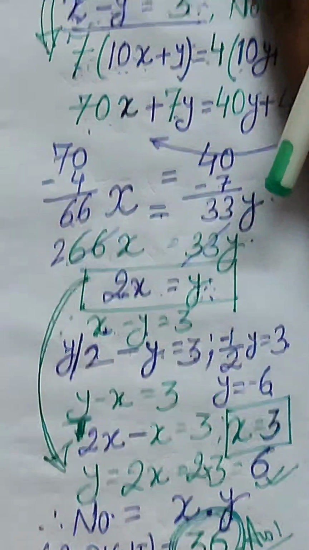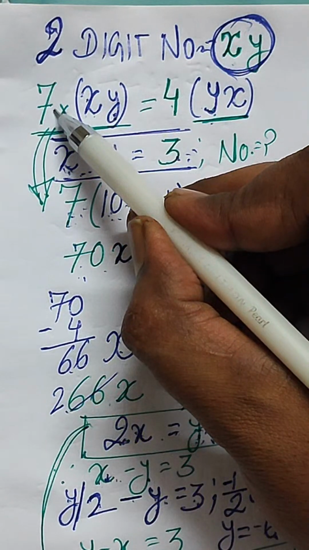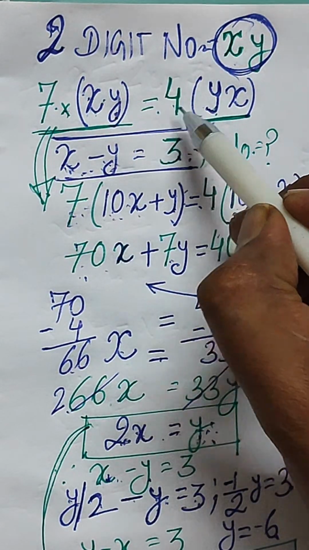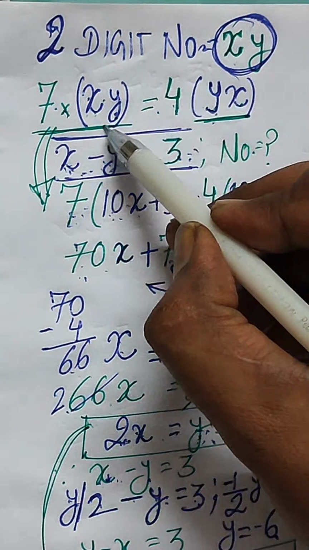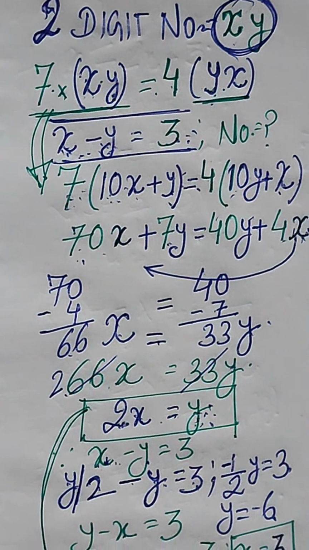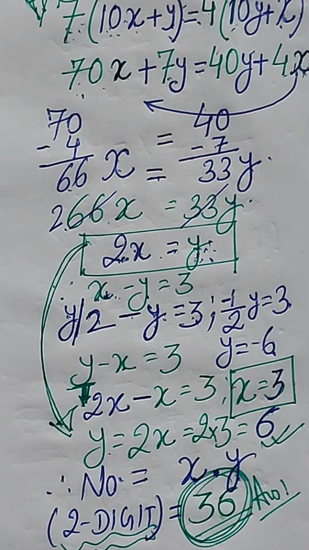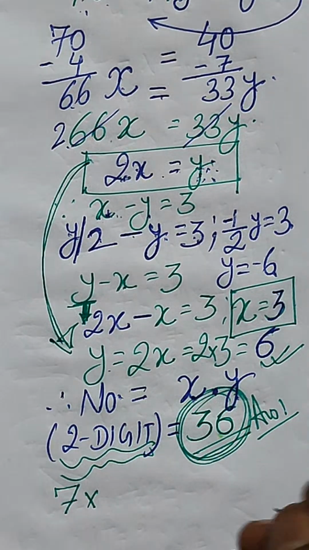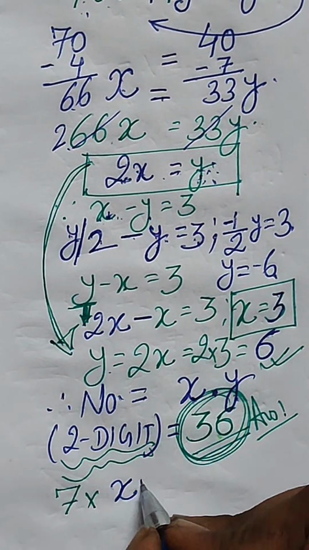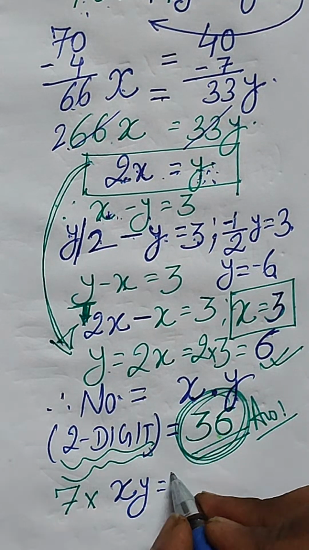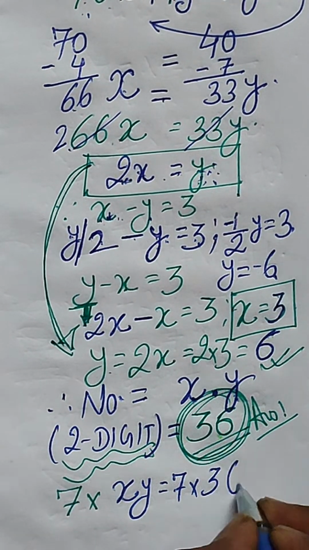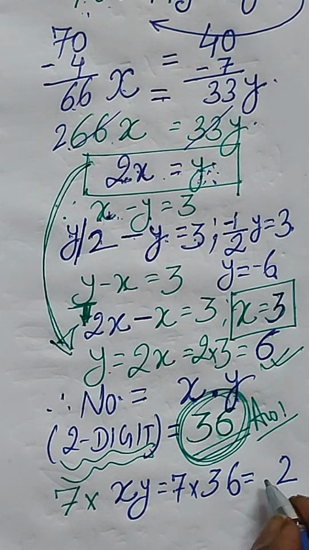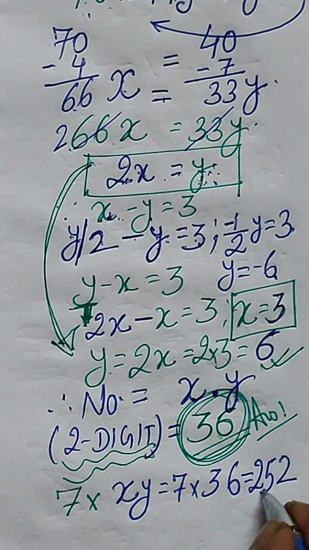36 is that two-digit number where 7 times that two-digit number is equal to 4 times the number obtained by reversing the digits. So let us check it. So as per the question, 7 times xy is equal to 7 into 36, and this comes as 252.